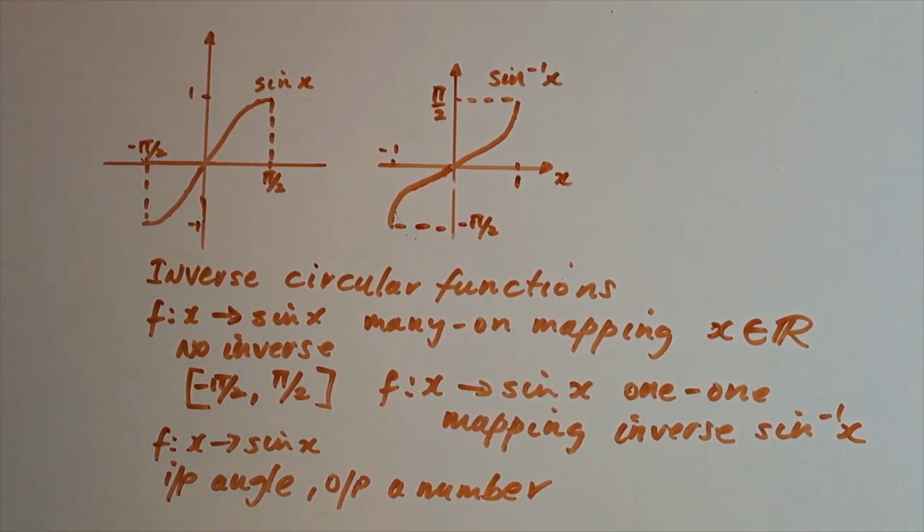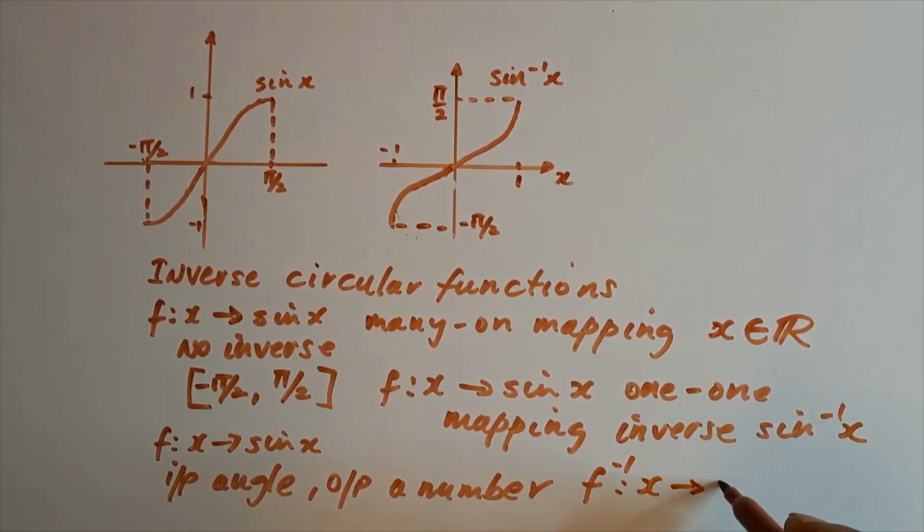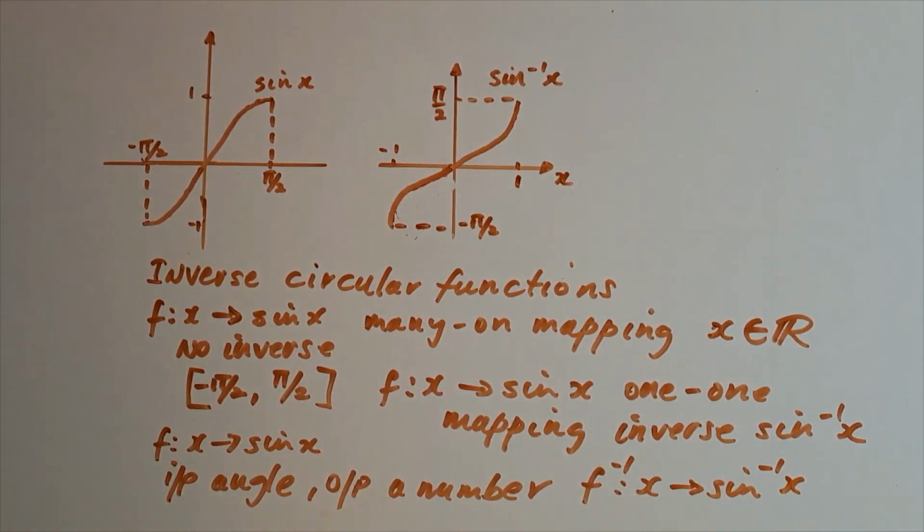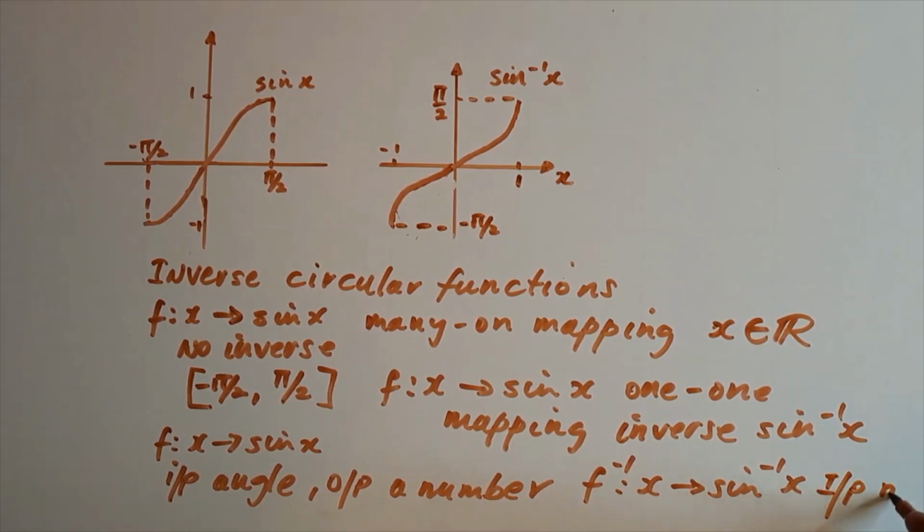And conversely, for the inverse, we have our input is a number. So we have an input of a number.